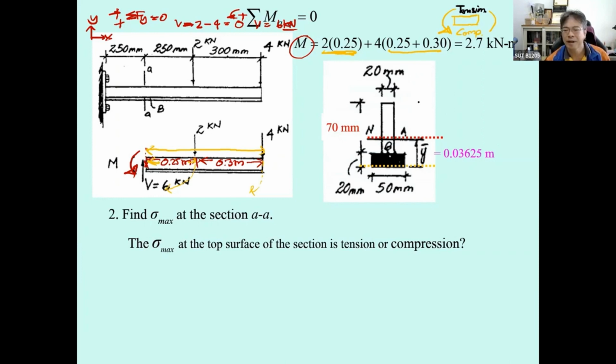This is going to be based on this distance. We have the total from here to here of 90 millimeter. So over here, in millimeter, it will be 90 minus 36.25.